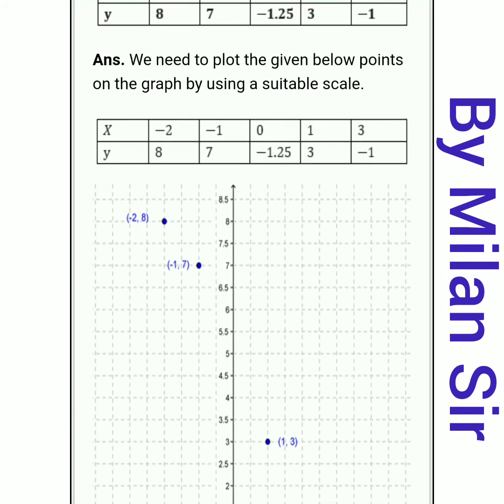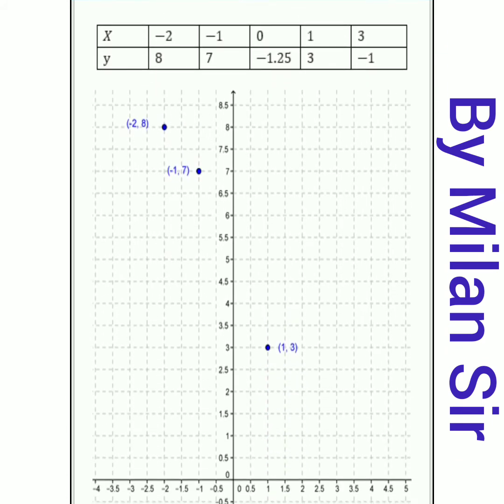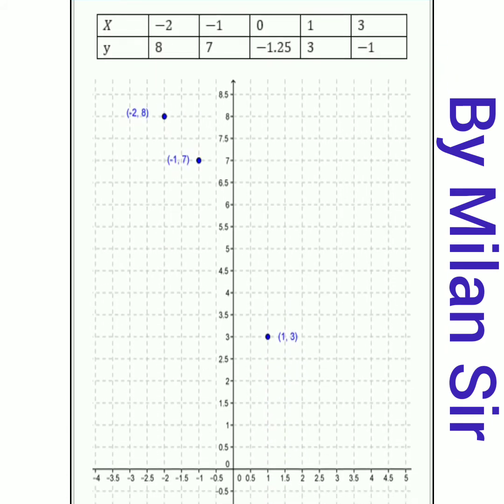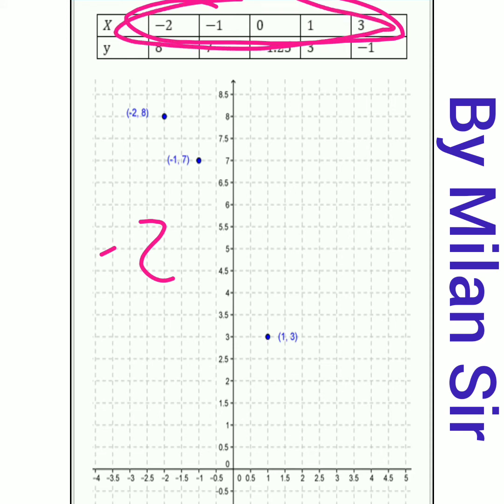Okay, so we need to take a scale according to which our x-axis covers all these points. For that, what we need to check here is the minimum value given in this table of x. What is the minimum value? And what is the maximum value? 3. Right, first of all we need to find the minimum and maximum value.